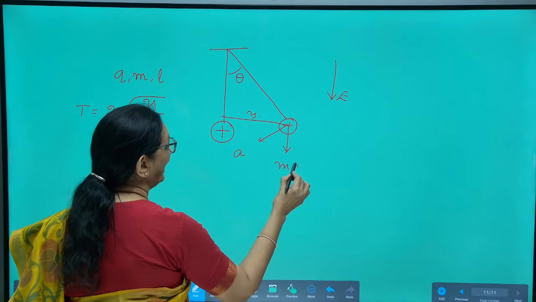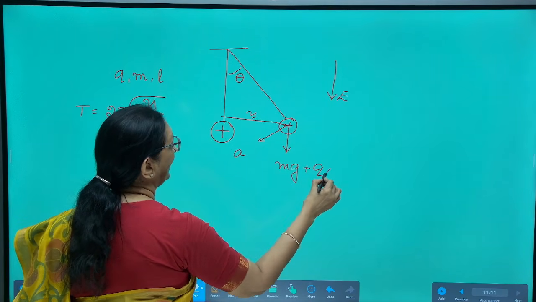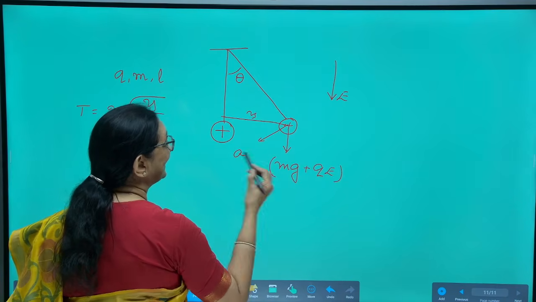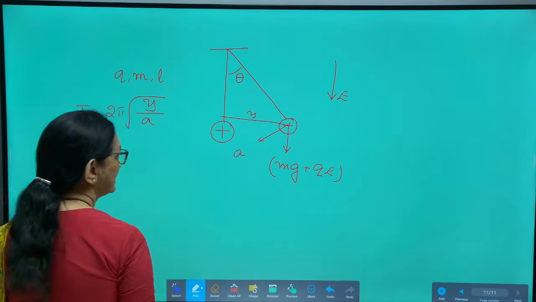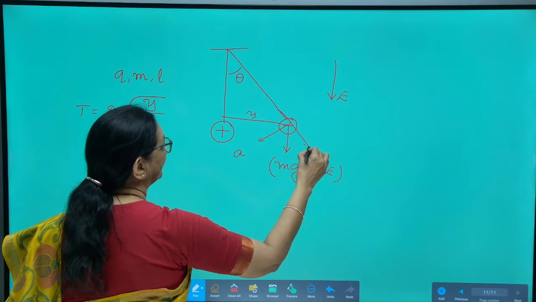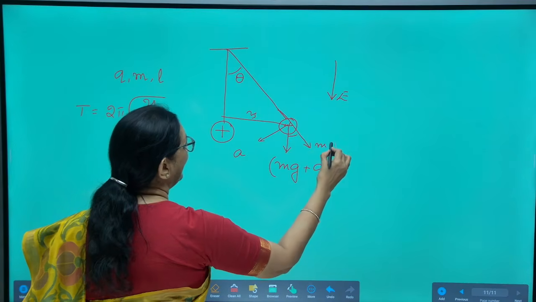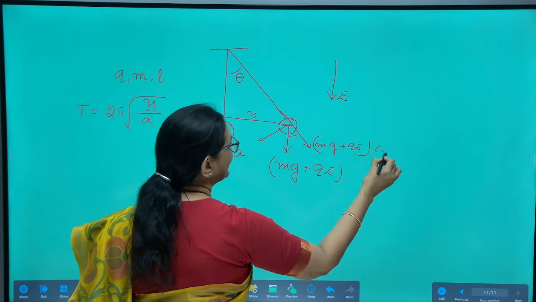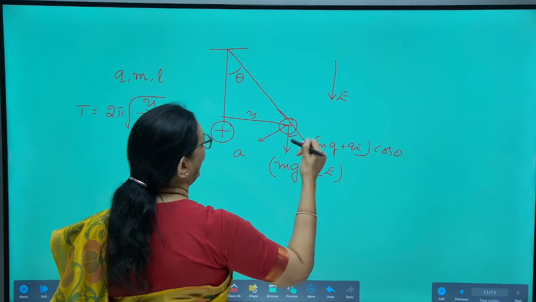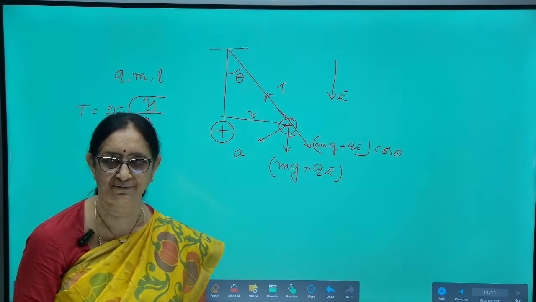One is mg and the other one is the force due to the electric field, that is QE, acting in this direction. So, the component of this force along this direction becomes (mg plus QE) into cos theta. It will be along this direction, that is balanced by tension in the string.